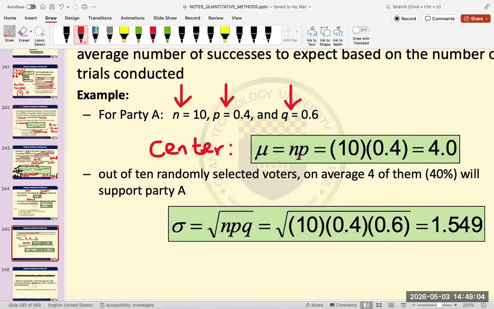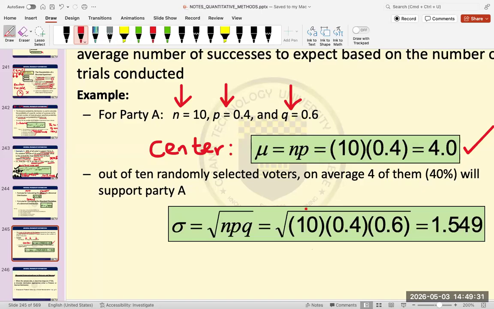So mu equals np. You pick your n, which is 10, you pick your p, which is 0.4, you multiply the two, and then you have your answer. So the answer here is 4. Just n multiplied by p. What about the spread?